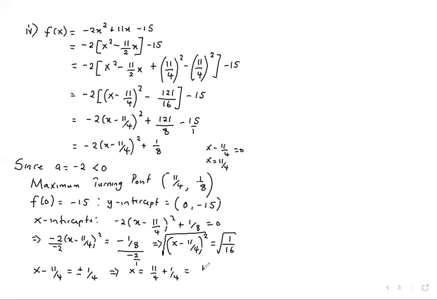This is giving us 12/4, which is equal to 3, or x is equal to 11/4 minus 1/4, which is 10/4 reduced to 5/2 if you divide by 2. Now we can sketch because we have everything that we need.